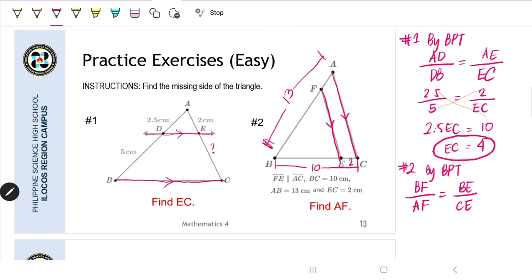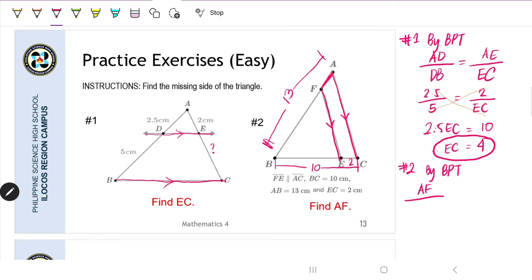So we can change our proportion in order for us to easily solve this item. So instead of writing this, okay, I can change my proportion to the following. So I can say instead AF, since that is the one that is missing.